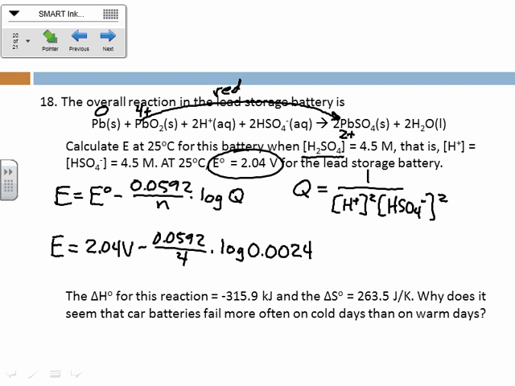and then add that. What did I do? I did something wrong. Okay, log of 0.0024. Let me try this again.